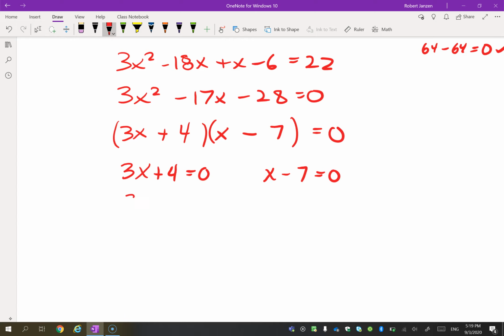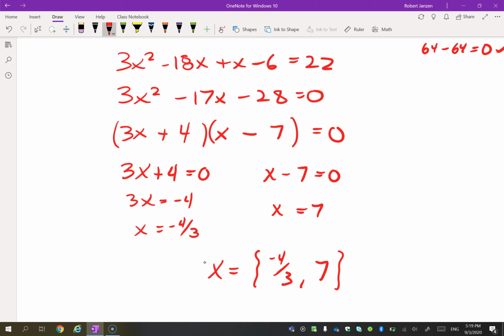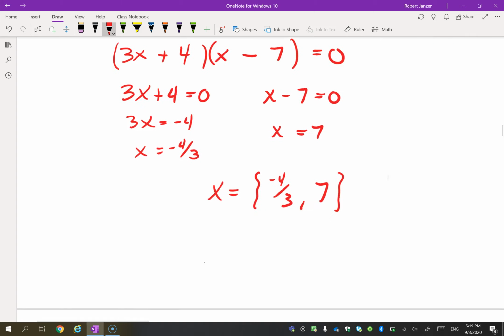Solving for x, 3x is negative 4, so x is negative 4/3, and here x is 7. So I'm going to list my two answers. Those two values, if I put them in for x in the original equation, will get me the right answer.